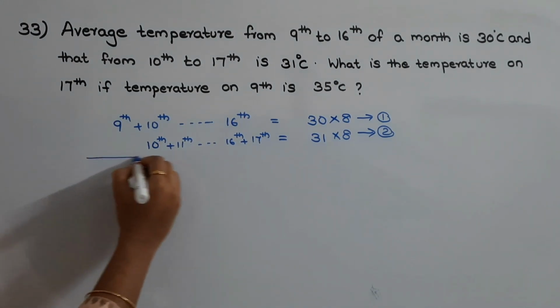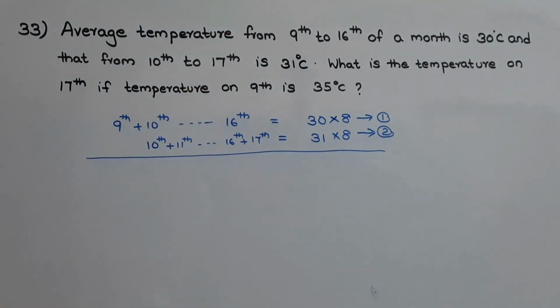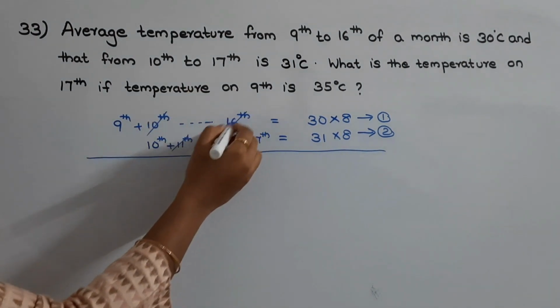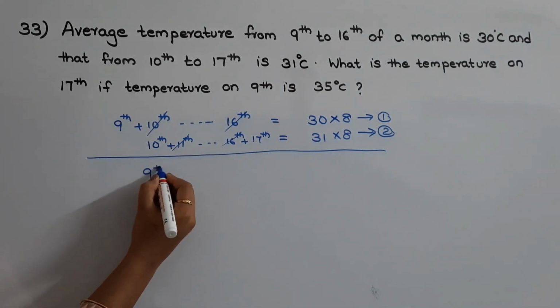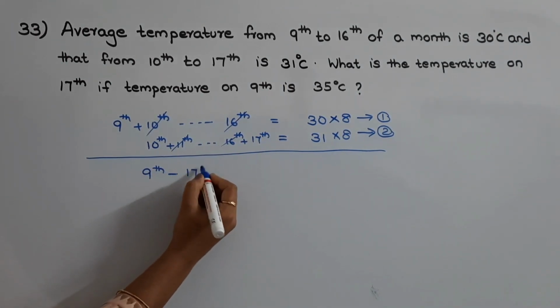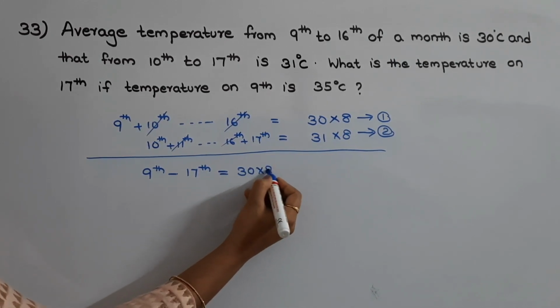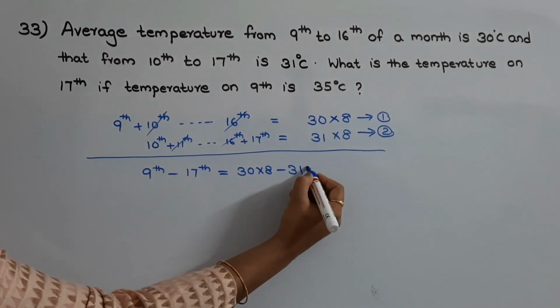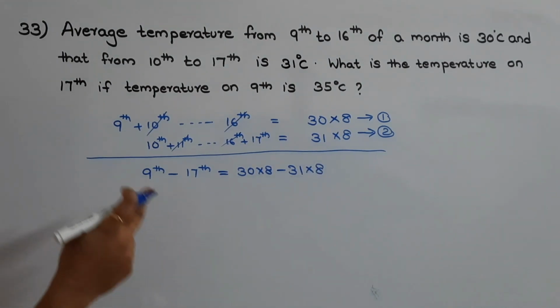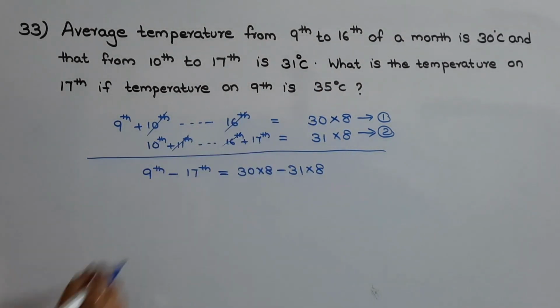Okay. Now on subtracting both equations, we will get 9th day minus 17th day is equal to 30 into 8 minus 31 into 8. Okay. 9th day's temperature is given as 35.